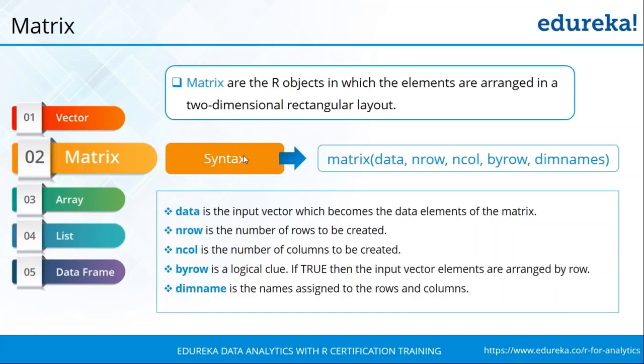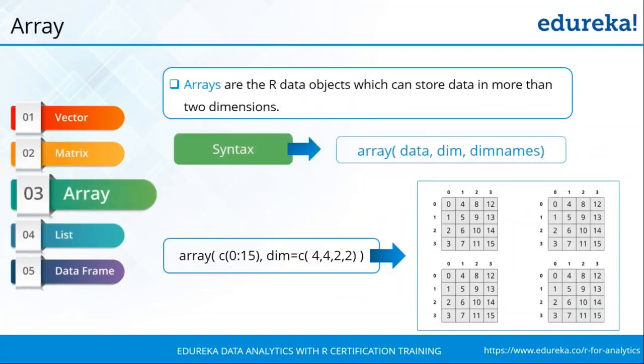Now that you've understood what a matrix is, it'll be easier for you to understand what exactly an array is in R. Your array is quite similar to your matrix, but it can store the data in more than 2 dimensions. What do I mean by that? If you look at the example here, it'll be easier to understand. Not only are you creating a 4x4 matrix, but you're also storing it in a 2x2 matrix.